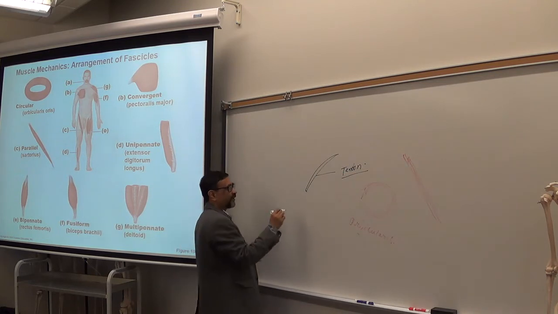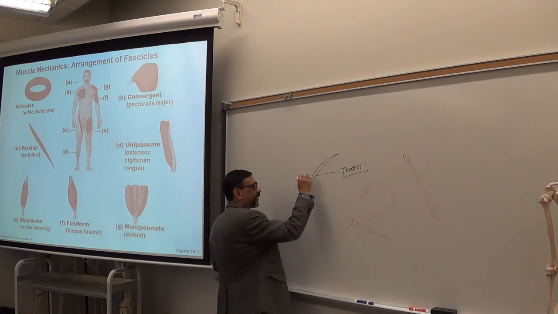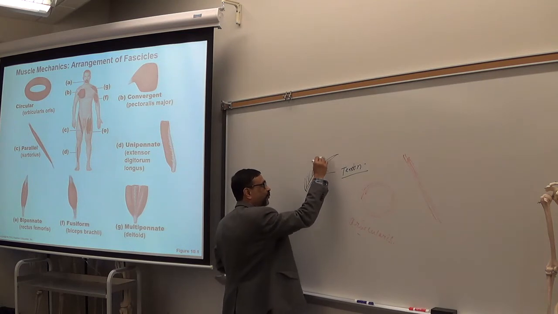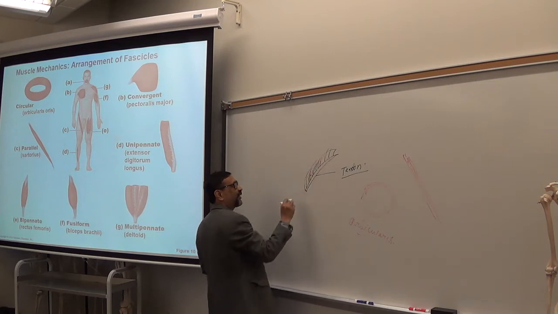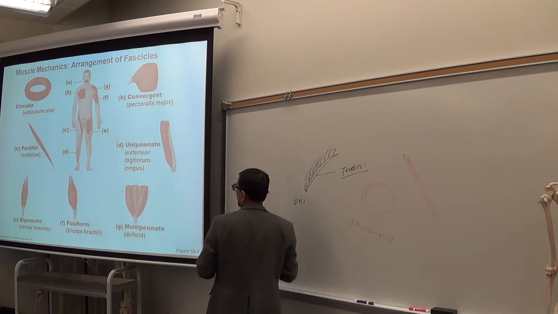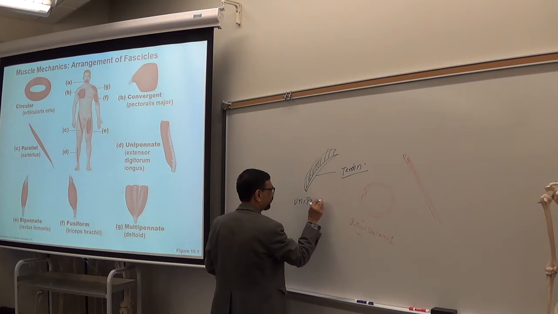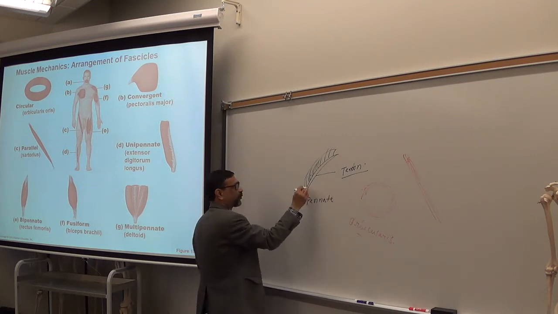So this is a tendon, and you see the muscle fibers are present on one side of the tendon. So these are the muscle fibers. This is actually the muscle, and this is called unipinnate. From one side of the tendon, muscle fibers.